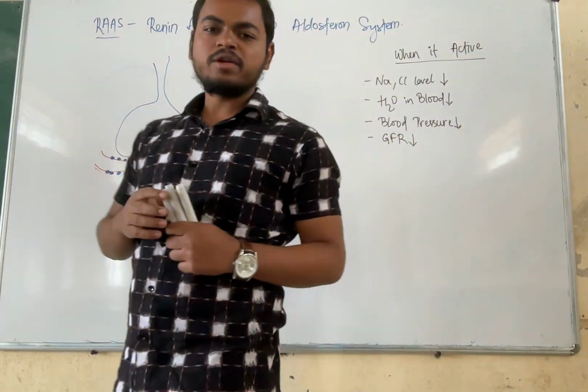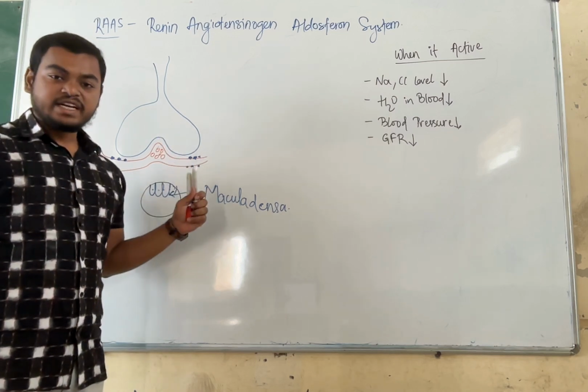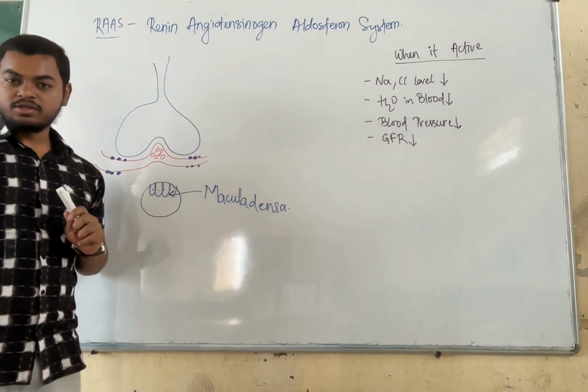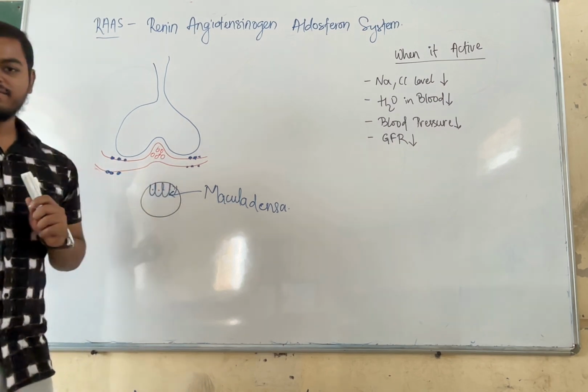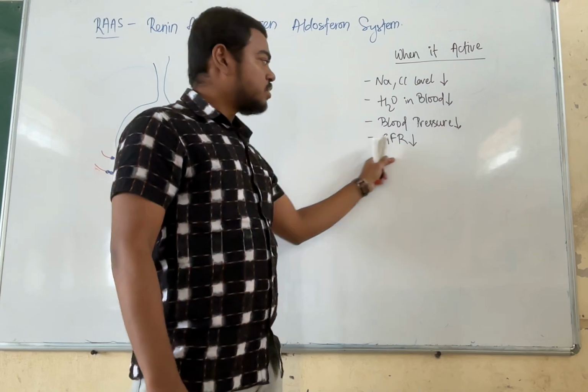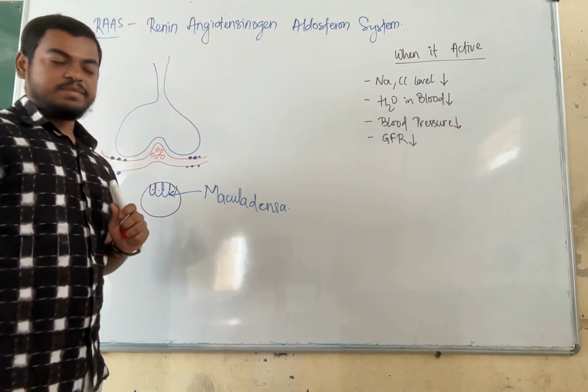What is glomerular filtration rate? It is the amount of fluid filtered in the glomerulus per minute. All these happen when the RAAS mechanism activates.